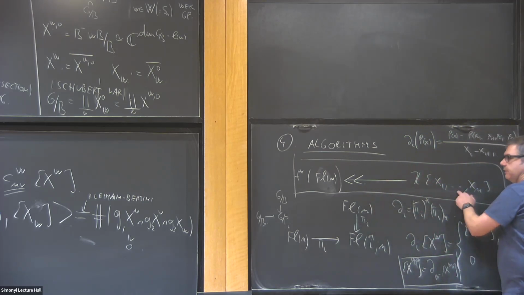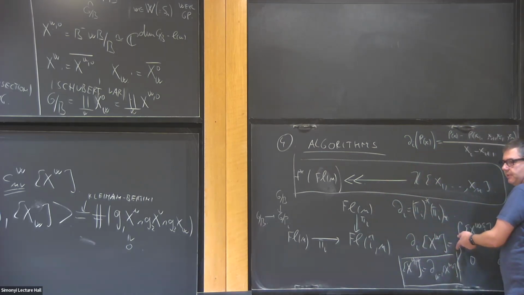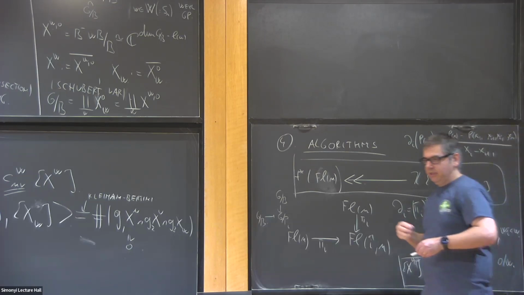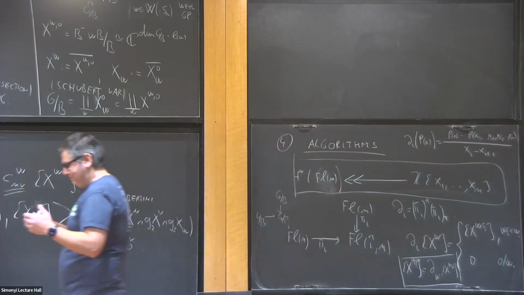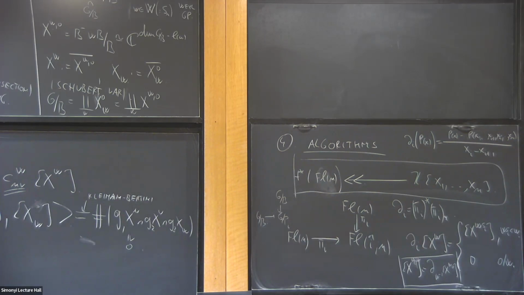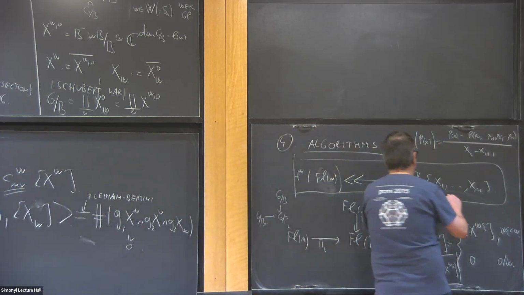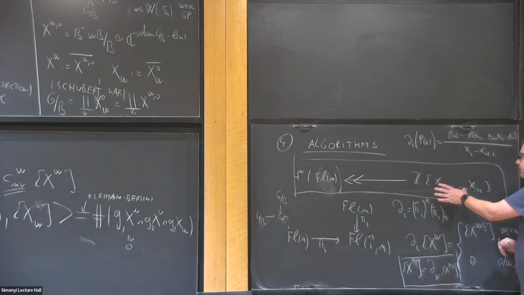This map is going to be consistent with these operators, and what you need to understand is what is a good representative for the class of a point. If you know a good representative for the class of a point, then you understand everything else. It turns out that Lascoux and Schützenberger had a very good representative for the class of a point; this is the theory of Schubert polynomials.